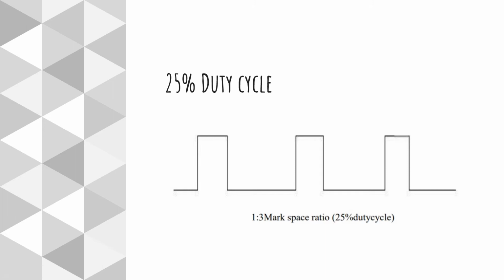By varying the mark space ratio of the signal over the full range, it is possible to obtain any desired average output voltage from 0 volts to 12 volts. The motor will work perfectly well, provided that the frequency of the pulse signal is set correctly, a suitable frequency being 30 Hz. Setting the frequency too low gives jerky operation, and setting it too high might increase the motor's impedance.